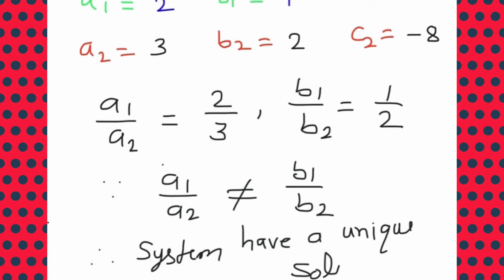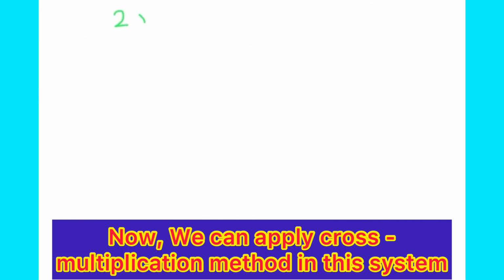If this system has a unique solution, then dear, you can apply the cross multiplication method. 2x plus y minus 5 equal to 0 with sufficient space, and 3x plus 2y minus 8 equal to 0.